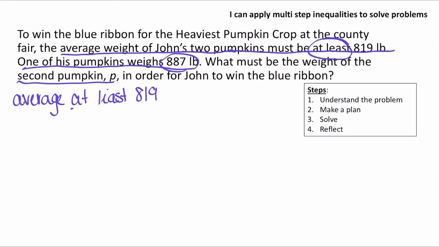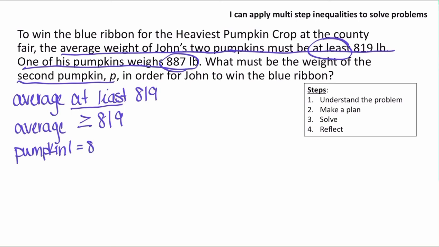Well, since we know that at least is an inequality, let's go ahead and write that. So we know average at least means greater than or equal to, so that's greater than or equal to 819. So we know that pumpkin 1 is 887, and we are trying to find pumpkin 2, and that is equal to P, which is our unknown.